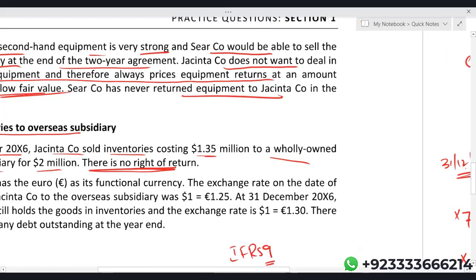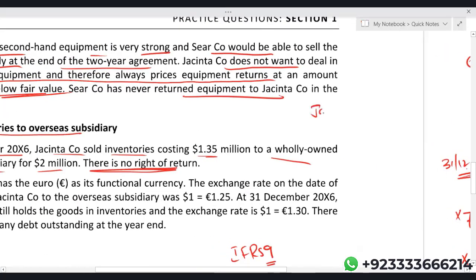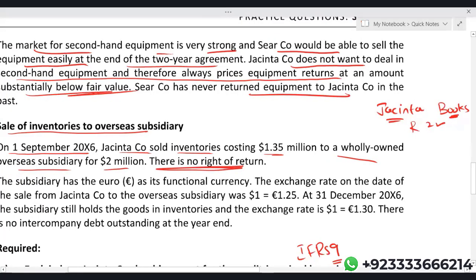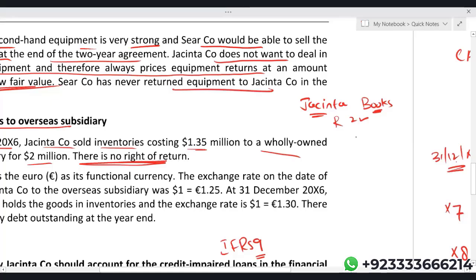Jinta. Now I'm just explaining. Jinta individual books. Obviously, in Jinta's individual books, they will recognize the revenue of 2 million. Logically, they will also recognize the profit of how much? Their profitability will increase by 2 minus 1.35.